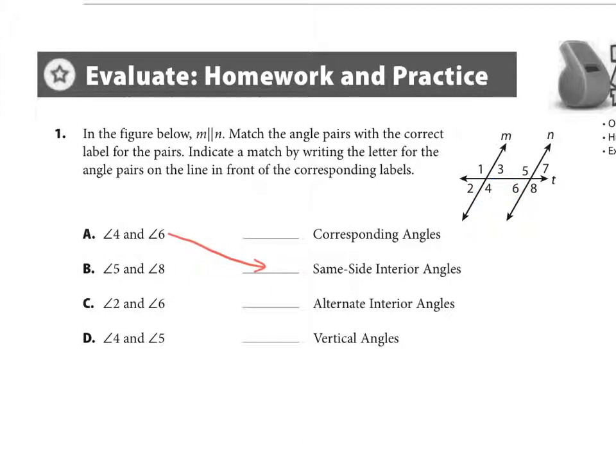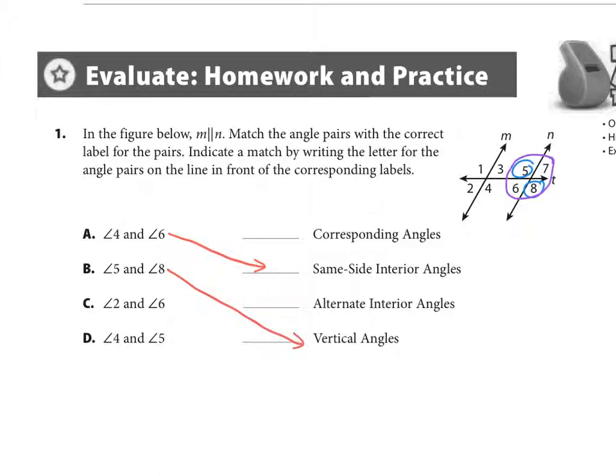And next, angle 5 and angle 8. Here's angle 5, here's angle 8. Angle 5 and angle 8 are in the same group here, right? So that means you're going to be using the angle relationships from last lesson. Angle 5 and angle 8 are across from each other, and that makes them vertical angles.